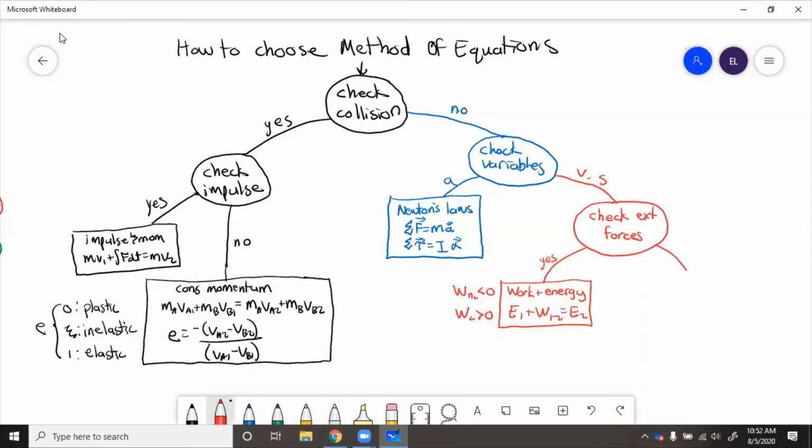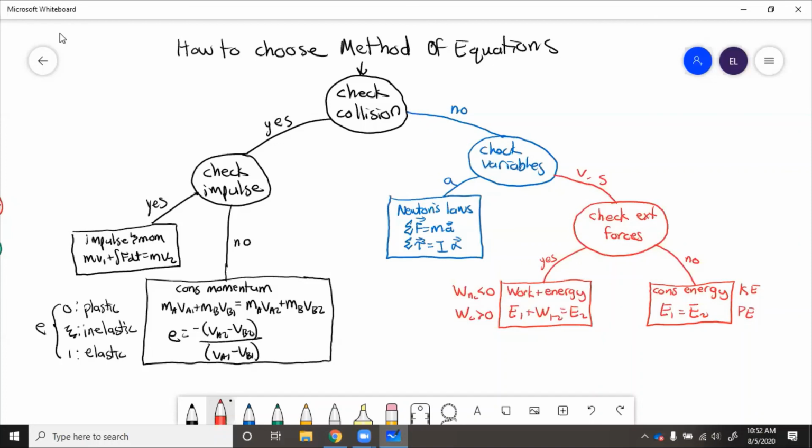And if there are no external forces, then energy is conserved. So energy at 1 equals energy at 2. And that energy can be a combination of kinetic energy or potential energy.